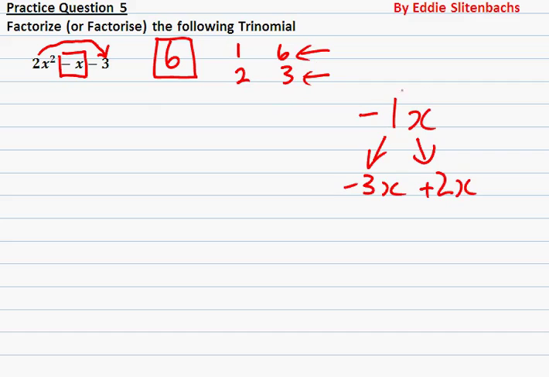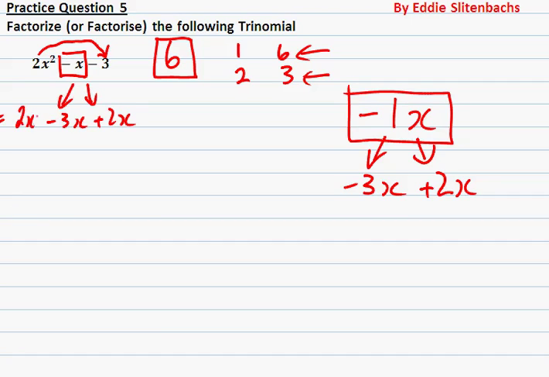Then I've got my -1x, which is what I'm trying to get. So I'm going to split that up into -3x plus 2x. I've still got 2x squared, and I've still got take away 3. So I haven't changed it, but because it was a negative, I had to think, what is the difference between 2 and 3 to get -1?